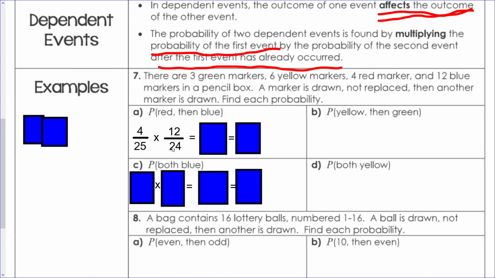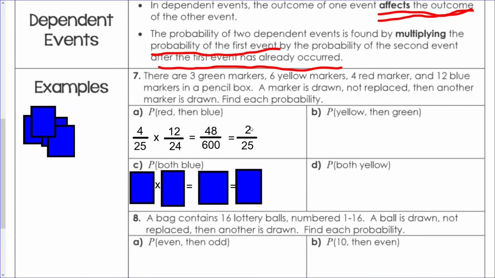Okay, and again, you could reduce that 12/24 to 1/2 and save yourself a little bit of math later. I won't do that. Multiplying that out, you end up with 48/600, which reduces to 2/25. But if you reduce that number earlier, you have less reducing later, so it's often a better way to do it.